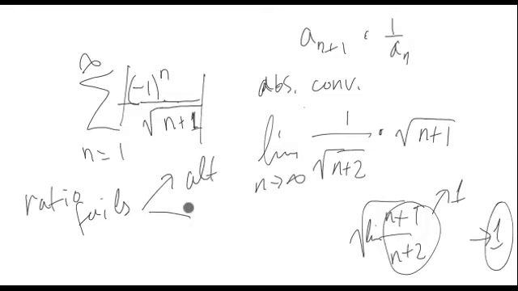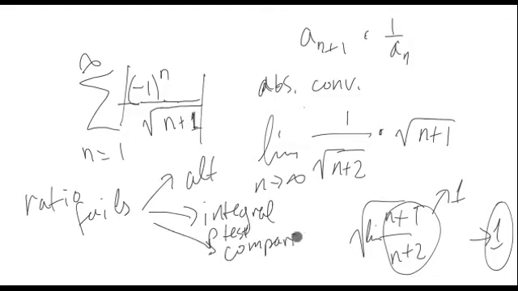But if we can't, then we go to an integral test, or a p-test, or an integral comparison, or a series comparison. So we compare it to a series that we can integrate and use the integral test or the p-test on, and then we're good.